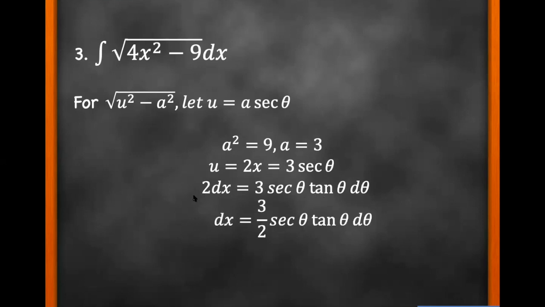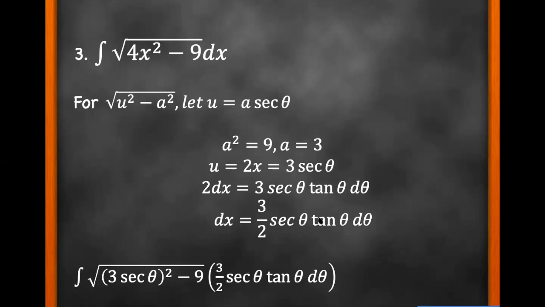We have dx equal to 3 halves secant theta tangent theta times d theta. Now we plug into the integrand. So we have the integral of the square root of, here 2x will be replaced by 3 secant theta squared minus 9, times dx equal to 3 halves secant theta times tangent theta d theta.